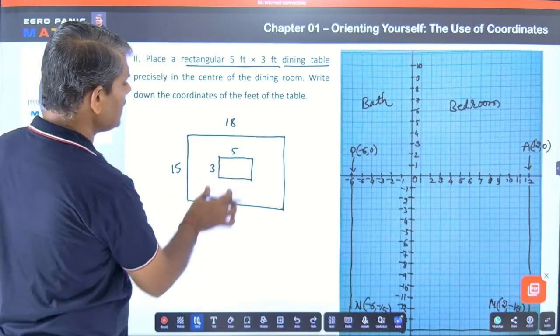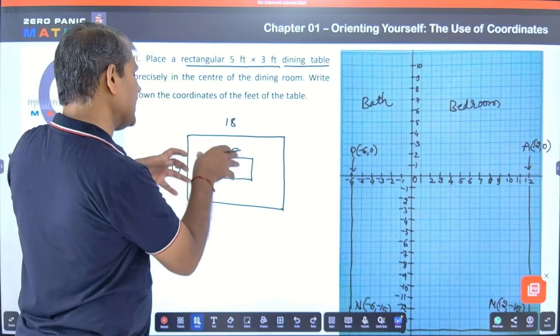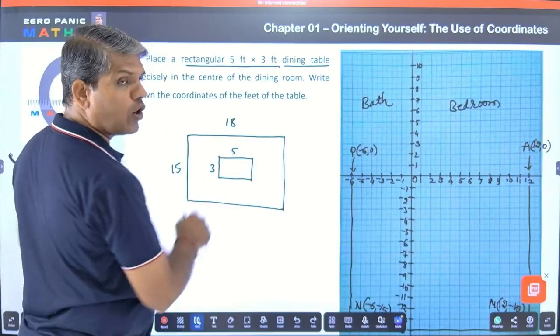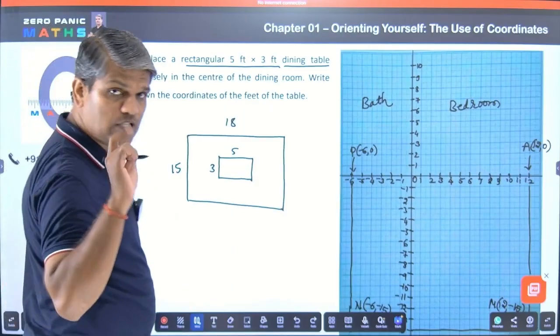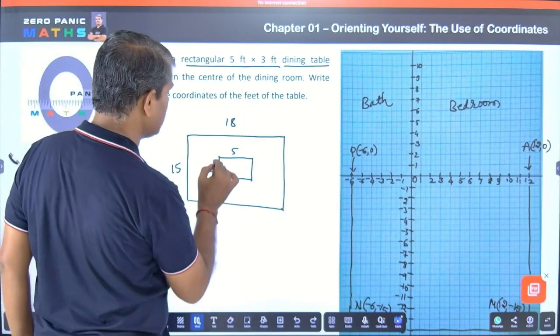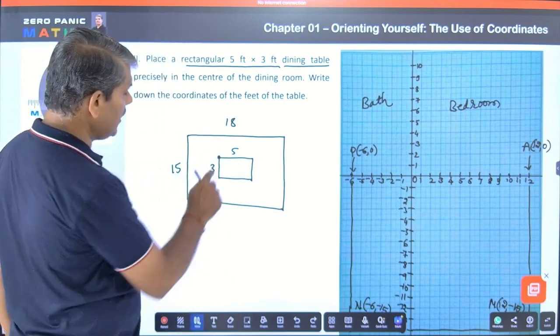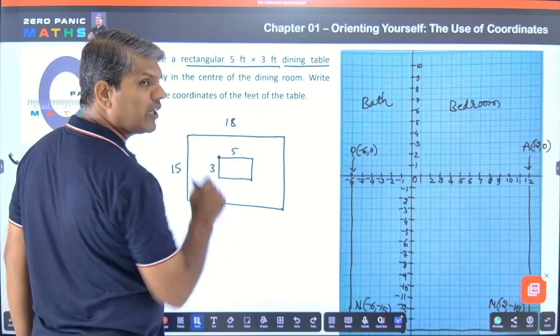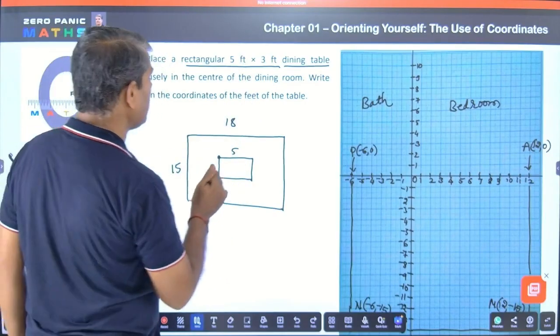To place any object of a similar shape inside the same shape object exactly in the center, what we usually do is find the top left corner of this inner object. The inner object in our case is a table. How do I find the top left corner?